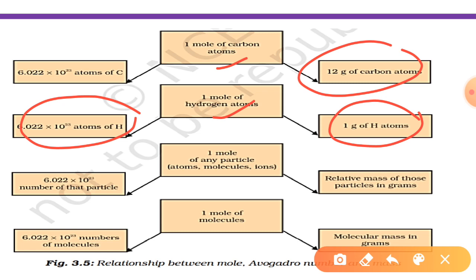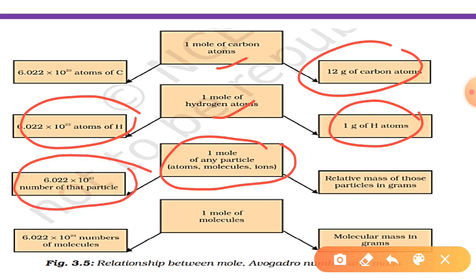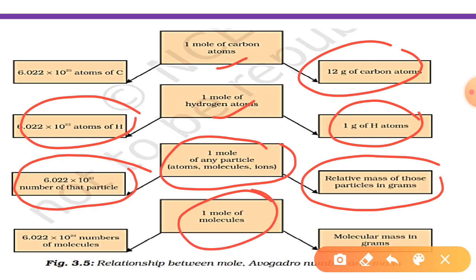Similarly, you can say this for 1 mole of any particle, atom, molecule, ion, anything, that will contain a number exactly equal to the Avogadro constant, and the mass will be equal to the relative mass of those particles in gram. Similarly, when you talk about molecules, the same number will be there, and the molecular mass in gram will be the molar mass.